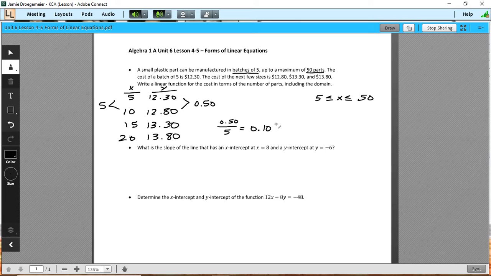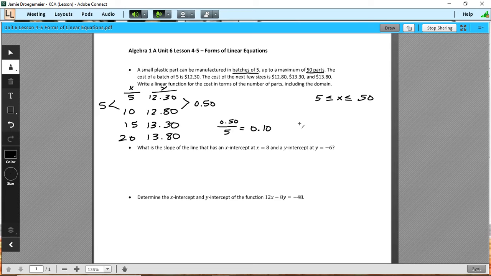We need to figure out what would the value of y be when x is 0. Well, if I subtracted 5 from here to get my x value of 0, I would need to subtract 50 cents from this one, and I would get that $11.80 is the cost when x is 0.